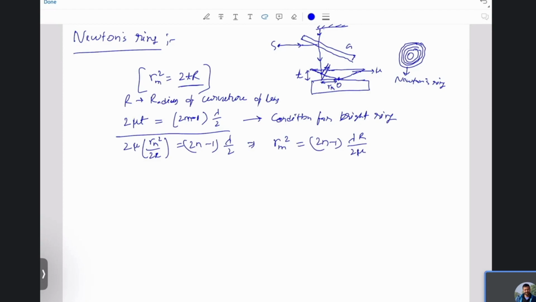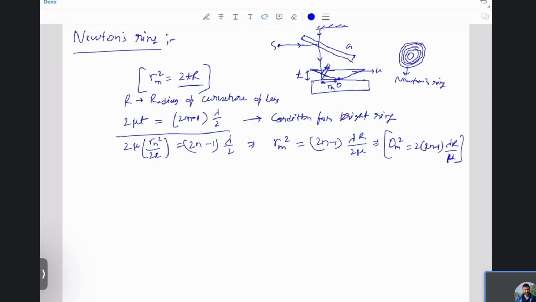So this is a very nice equation, or you can write it in terms of diameter, so Dm square will be 4 times this, so the 2 will cancel in the denominator, and you have Dm squared equals 2(2m minus 1) lambda R by mu.